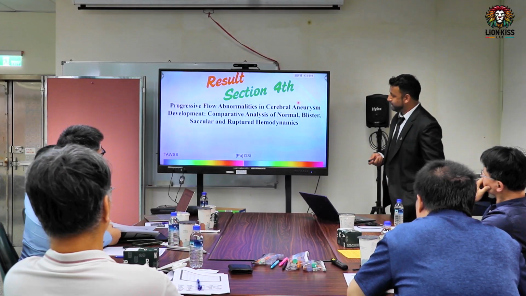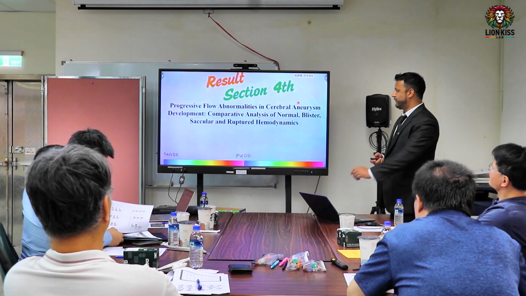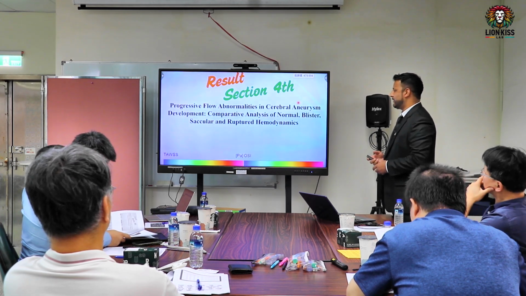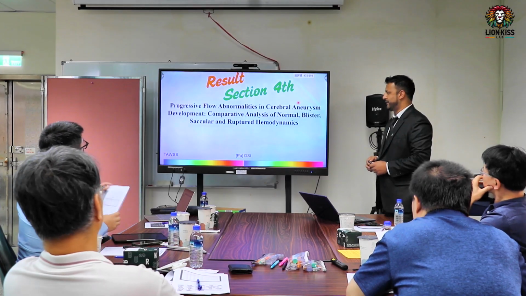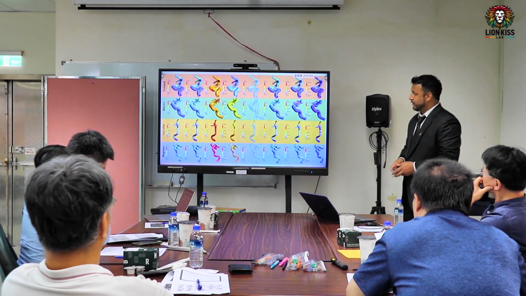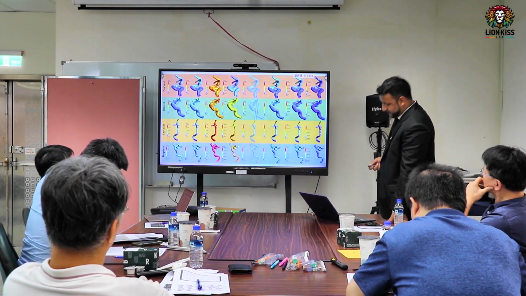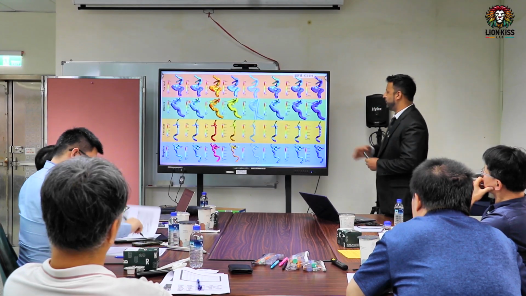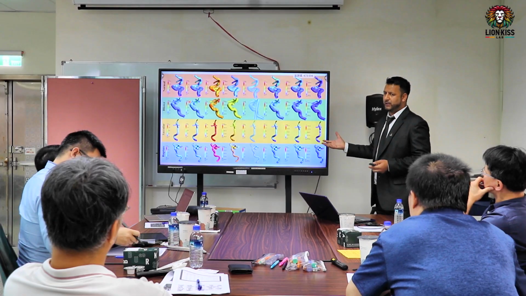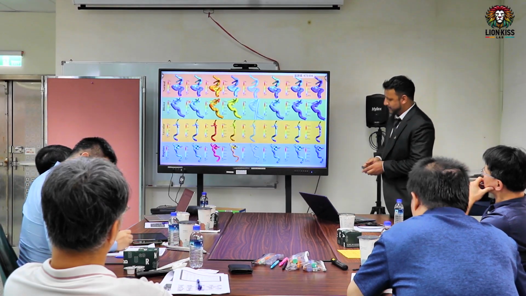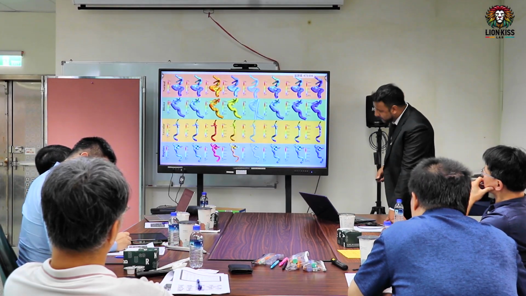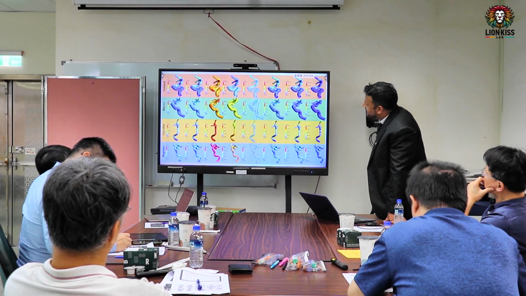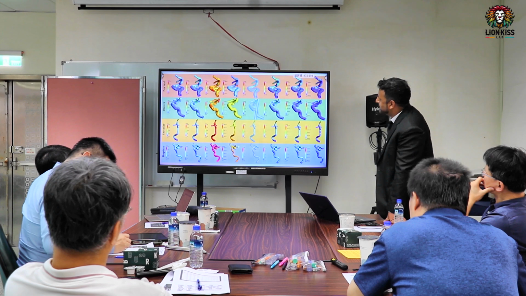So this, the fourth one, is the progressive flow abnormalities in cerebral aneurysm development: a comparative analysis of normal, blister, saccular and rupture hemodynamics. In this one I first show the whole geometry that we simulated, showing the different parameters: wall shear stress, TOSS, OSI, pressure, and velocity.